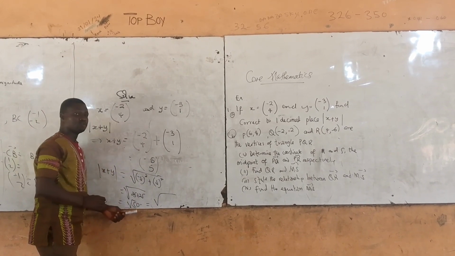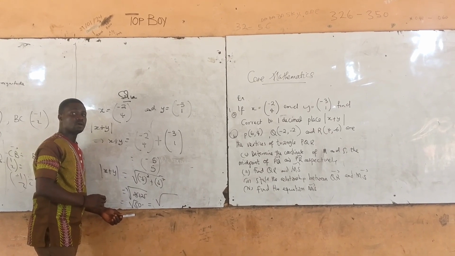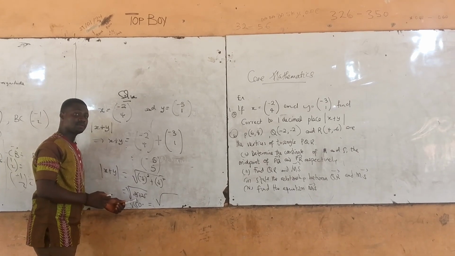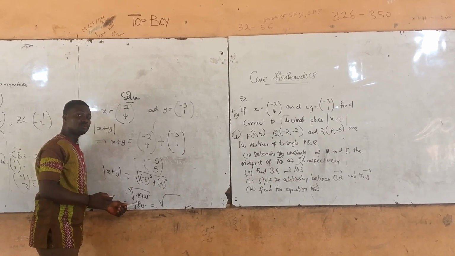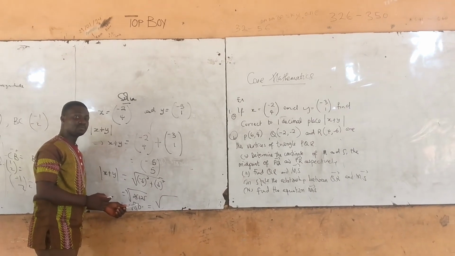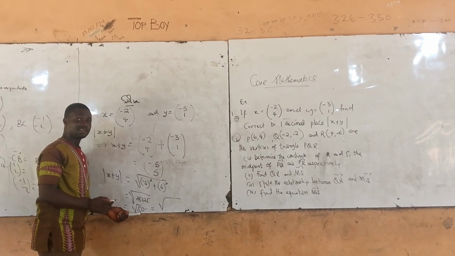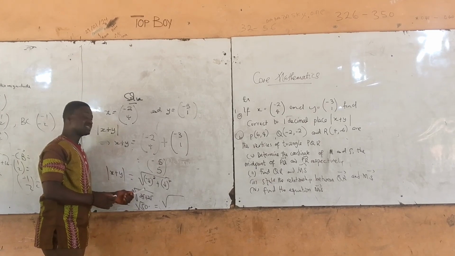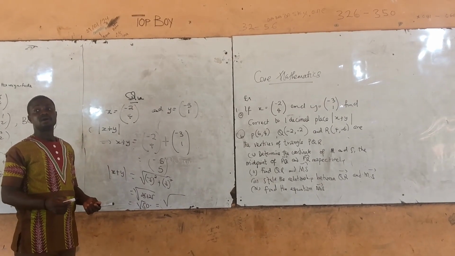What two numbers multiply to give you 50? 5 times 10 will give you 50, am I right?